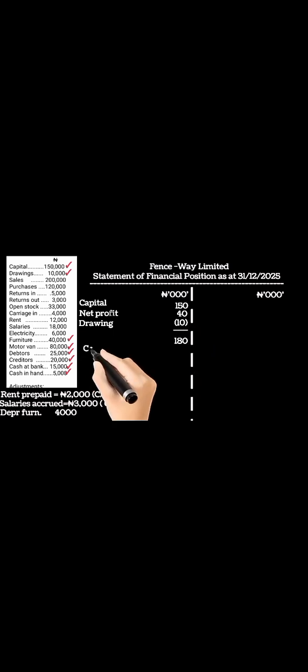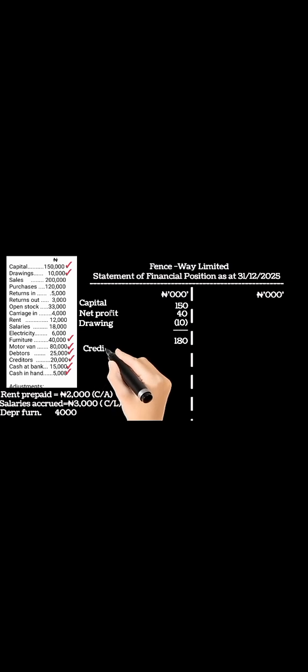You less drawings. If the drawings were in the form of stock, then you have to remove the drawings from the stock in the trading account. Drawings here is 10,000, so we remove 10,000. Now we have the value as 180,000.